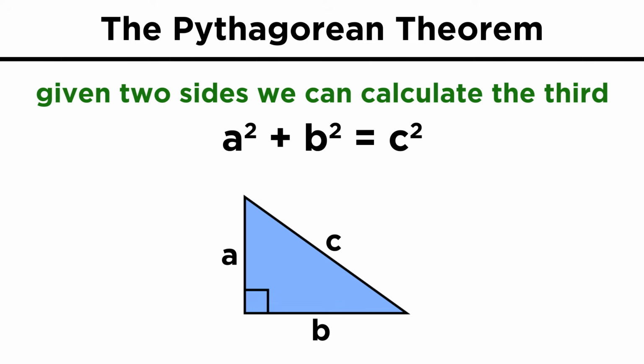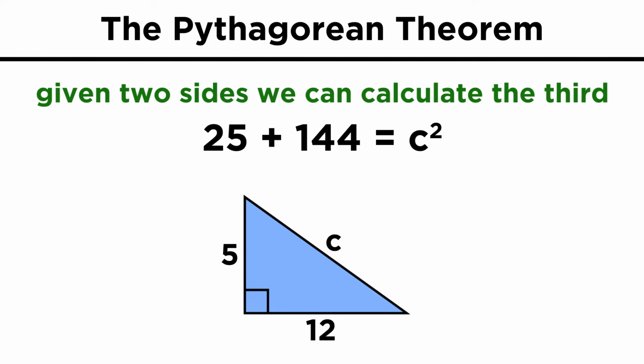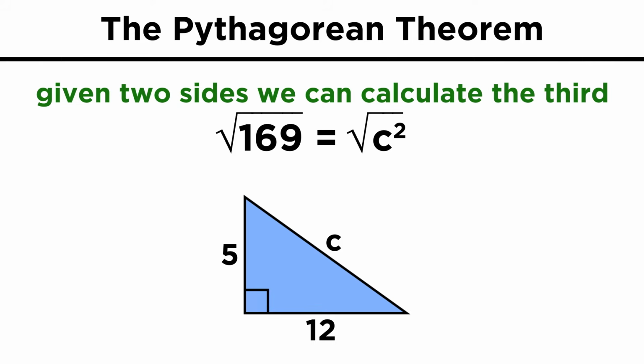This means that given any two sides of a right triangle, we can calculate the third. For example, let's say the legs have lengths of 5 and 12. We just plug these in as a and b, square them, and we get 25 plus 144, which is 169. Since this is equal to c squared, we have to take the square root of both sides.